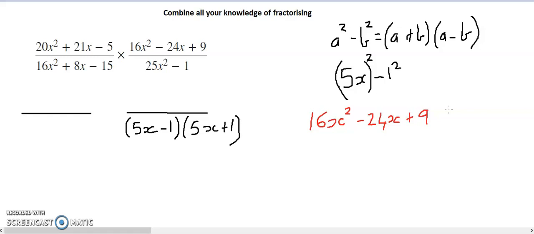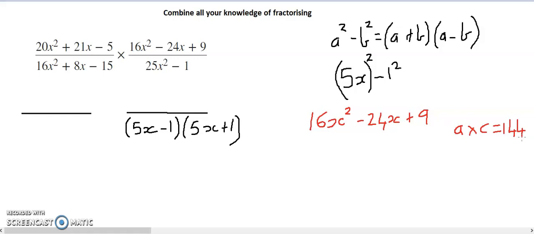I just need to treat it like I would with any non-monic quadratic. And that is, what is A times C? So A times C is 9 times 16, which is 144. Now, straight away, I just need to think about what can I times together to get 144?